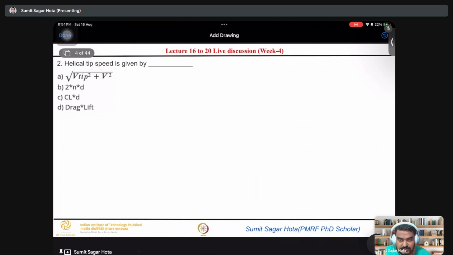The next question: what is the helical tip speed given by which formula? Helical tip speed is always the resultant of the static tip speed and the actual velocity.